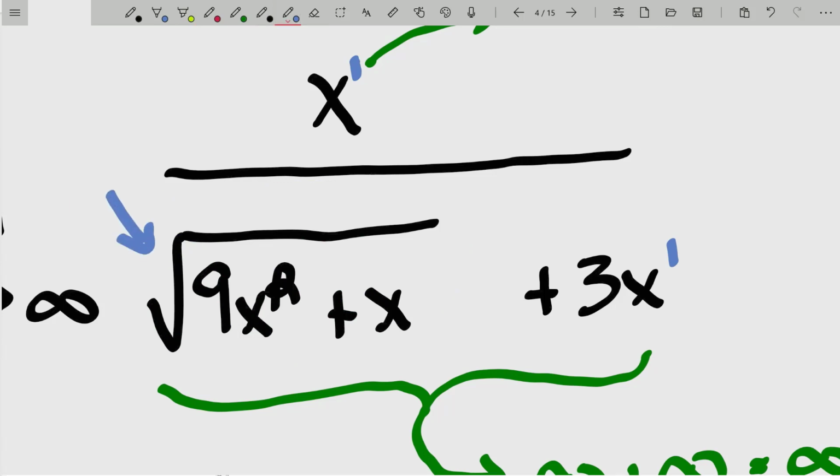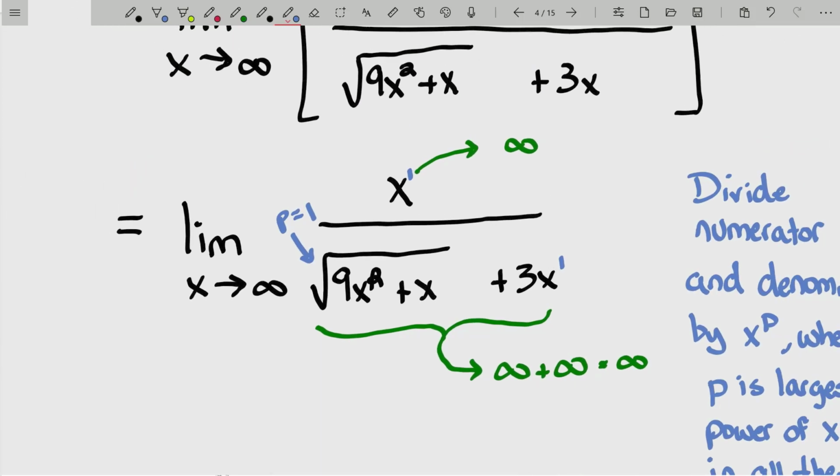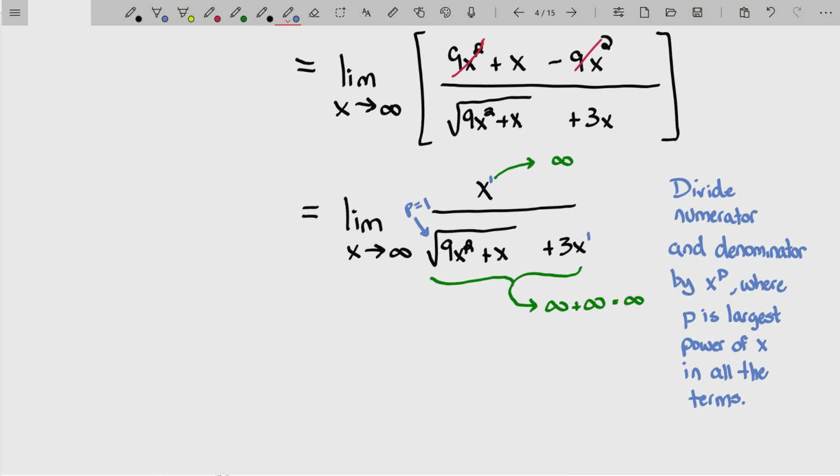Let me write that in blue. So p is equal to 1 there as well. Because again, you're taking half of the power of each term within that radical. So the largest present power of x in all terms within that fraction is just x to the first. So I'm going to divide everything by x to the first, and I'm going to write it this way.